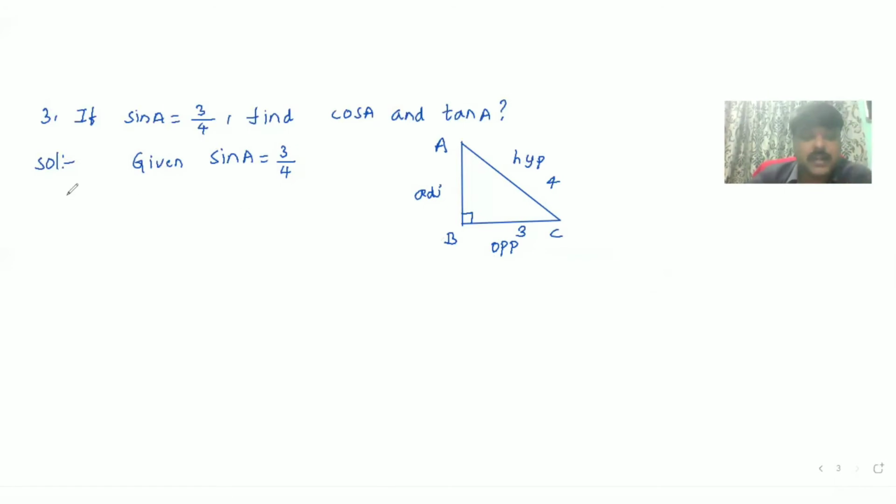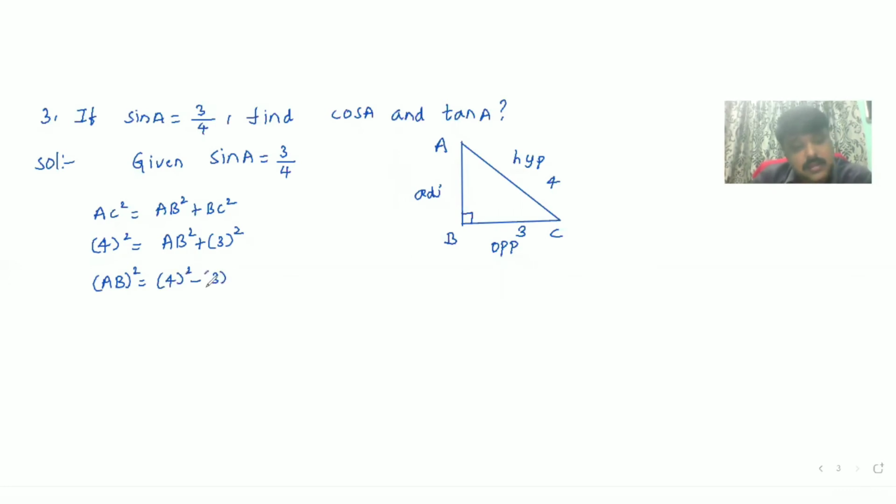Now, from the Pythagorean theorem we can write AC square equals AB square plus BC square. AC square it is 4 square, equals AB square, we need to find the value of AB, plus BC, it is 3 square. If I make AB square the subject, we get 4 square minus 3 square.